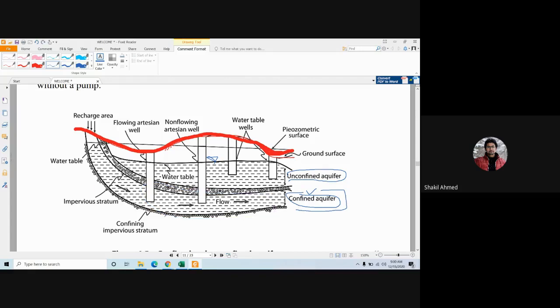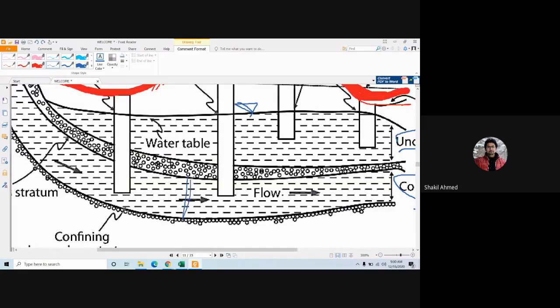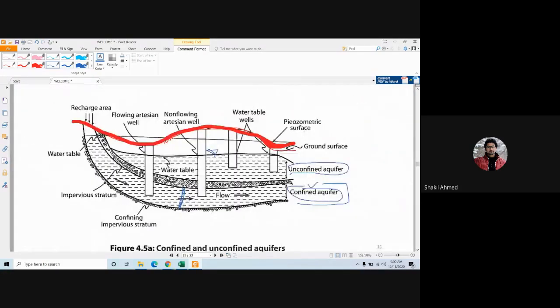What is happening here? You can see that in this soil layer, at the bottom, there is a confining impervious stratum. That means this is a rock, solid rock, through which the water cannot pass. So this confined aquifer is confined at the bottom with a solid rock layer.